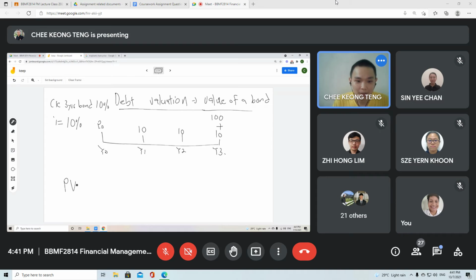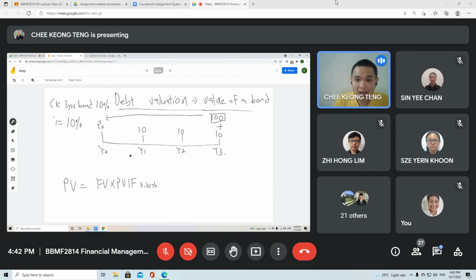Very simple. Present value is, first one, the 100 I want to convert to present value. So this one is only one cash flow, so we use table A3. Present value equals future value times PVIF, 3 years, this one is 10%.